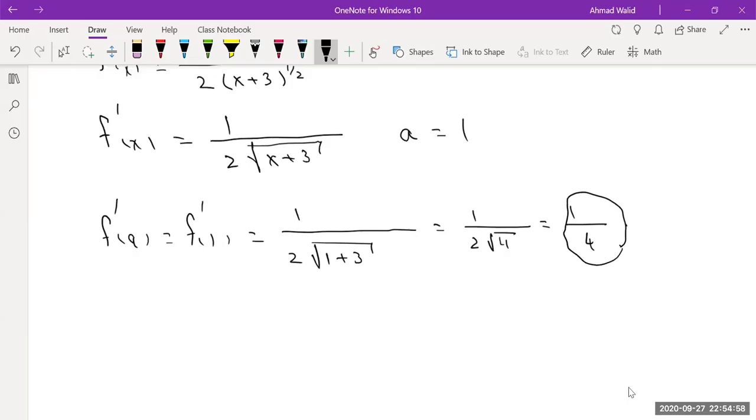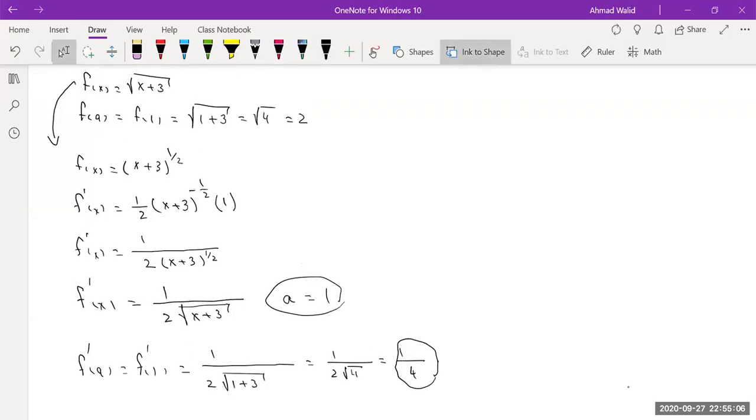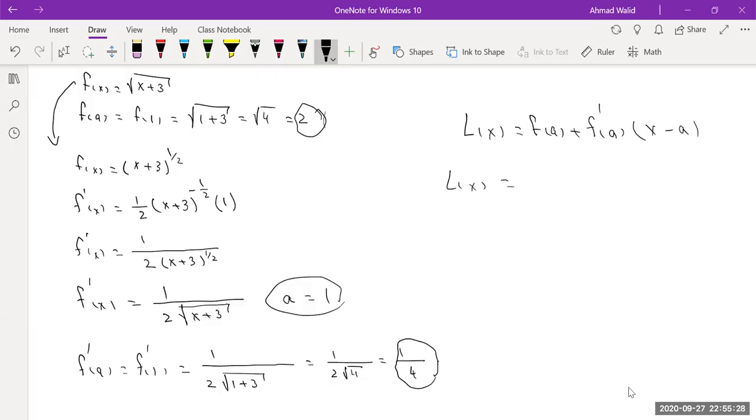I have f prime of 1, I have a equals 1, and I also found f of a, which is 2. Using these 3 values, I can write L of x equals f of a plus f prime of a times x minus a. Then L of x equals 2 plus 1/4 times x minus 1.